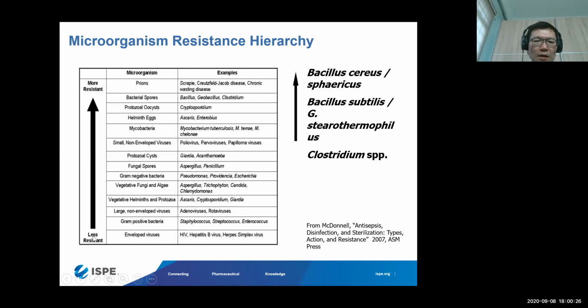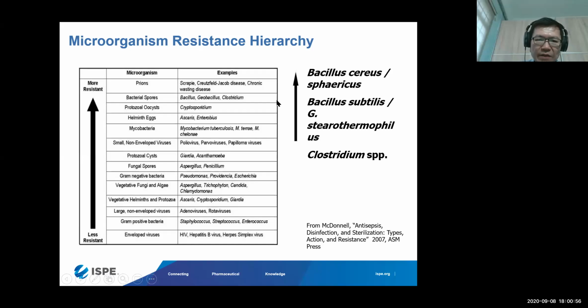At the bottom of the table are the easily killed microorganisms. As you go up the table, they become more resistant. Bacterial spores are quite resistant. A sporicidal agent can address most of the microorganisms, including the bacterial spores. Sporicidal agents, for example, are hydrogen peroxide, vaporized hydrogen peroxide, a peracetic acid and hydrogen peroxide blend, or sodium hypochlorite.